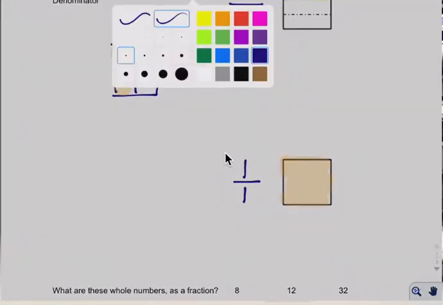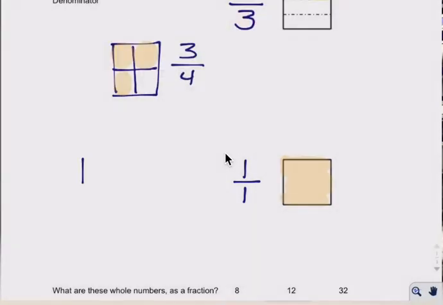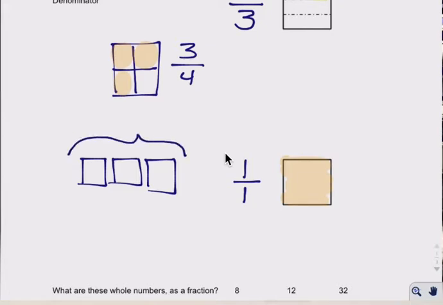So let's say we want to talk about 3 wholes. So remember, each square represents 1 whole. So how many parts are the whole cut into? If we're going to say that this models the number 3, and we say how many parts are the whole cut into, not the group, but the wholes, each one is cut into 1 part.